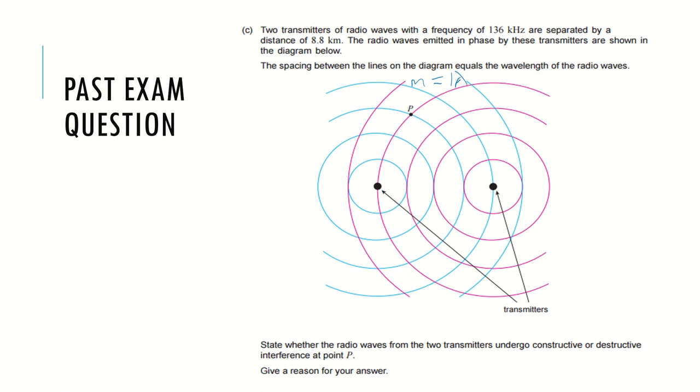So if the path difference is 1 wavelength, it's going to result in constructive interference. So state whether the radio waves from the 2 transmitters undergo constructive or destructive interference at point P. Give a reason for your answer.